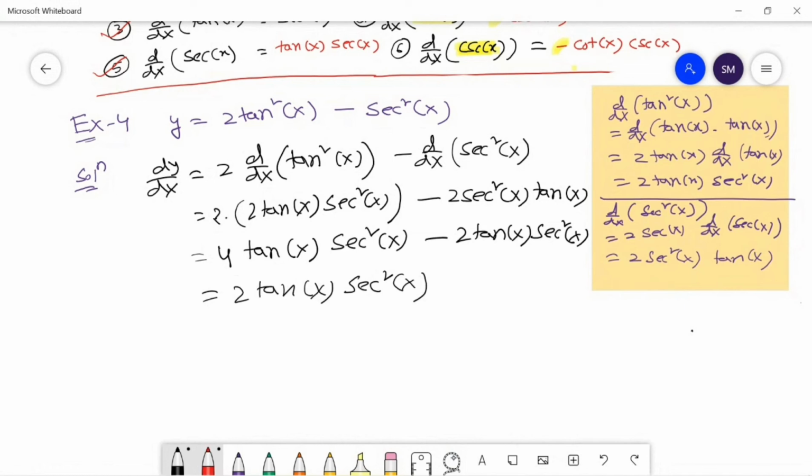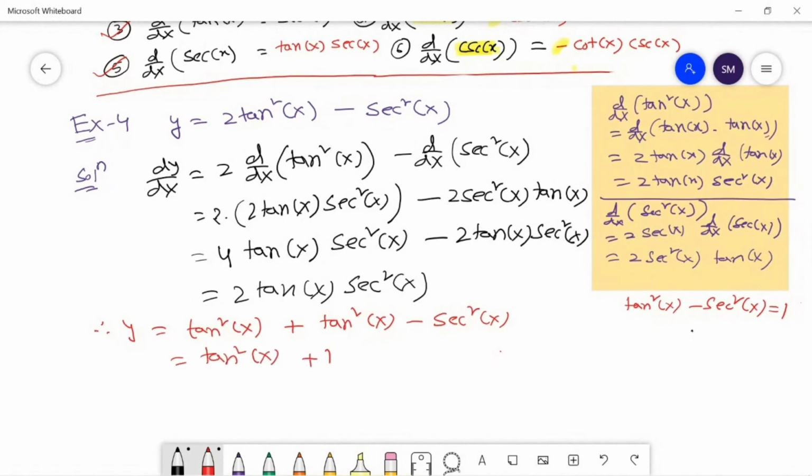Now this problem can also be solved in another way, by recalling the identities. Tan square x minus secant square x is equal to minus 1. So we can write y is equal to tan square x plus tan square x minus secant square x, which is equal to tan square x plus 1.